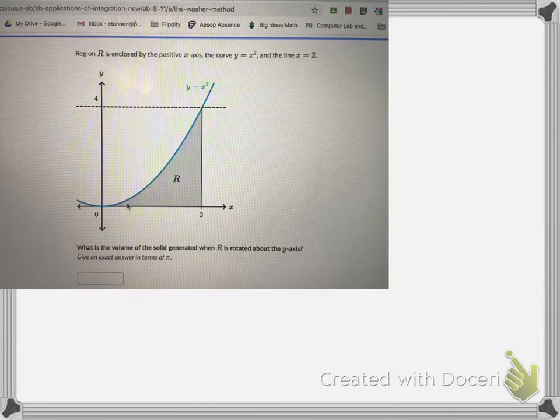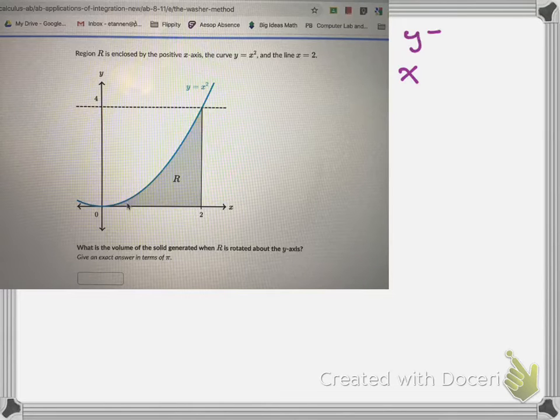So it's a little bit different because we're going to be rotating it about the y, which I know means I'm going to have to get these functions in terms of y rather than x, the function as x in terms of y.